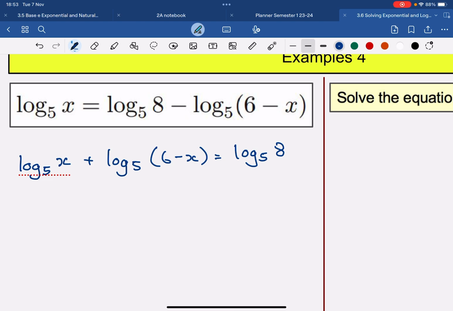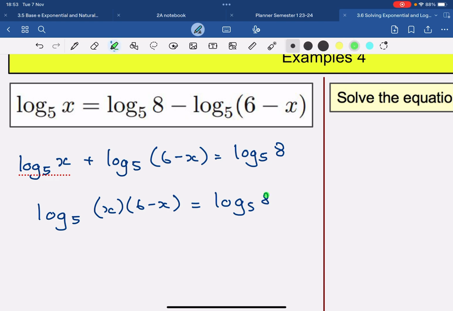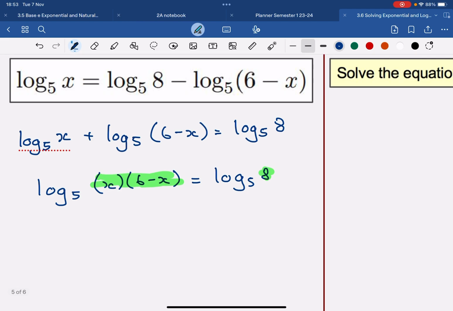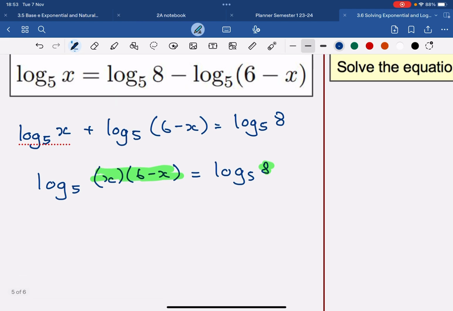Now because the bases are the same, I can multiply that one with the 6 minus x, and it equals log 5 8. The 8 is going to equal to this. They're both log base 5s, so I don't have to change the log bases. And I'll expand on this side, and it gives me 6x minus x squared equals 8.